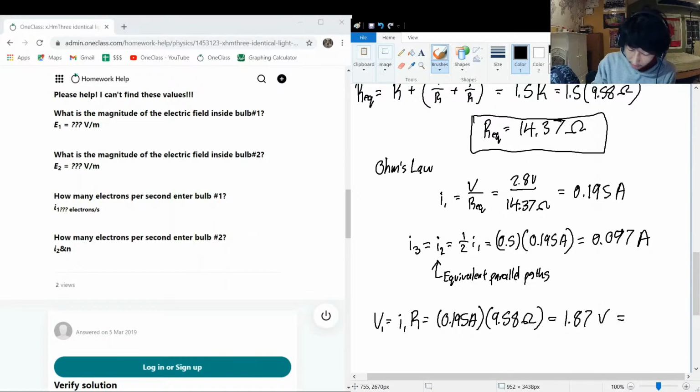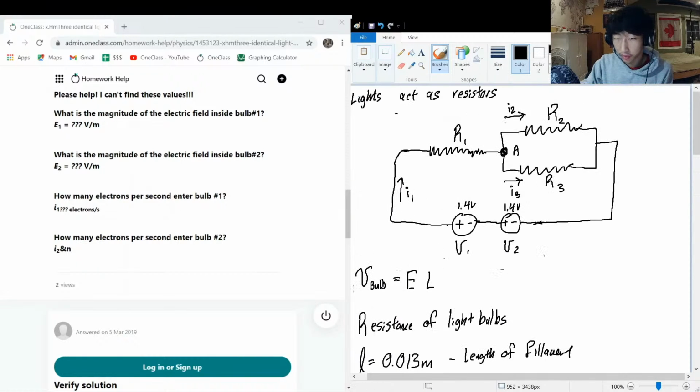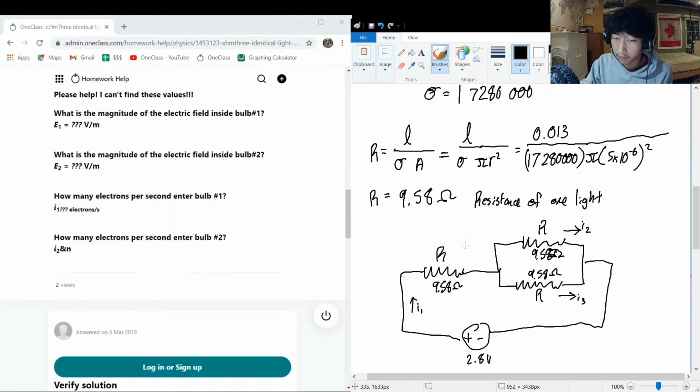And this is going to be equal to our electric field multiplied by 0.013 meters, because that's the length of the filament. We know that from way up there we had the voltage of the bulb is equal to the electric field inside multiplied by the length of the filament.